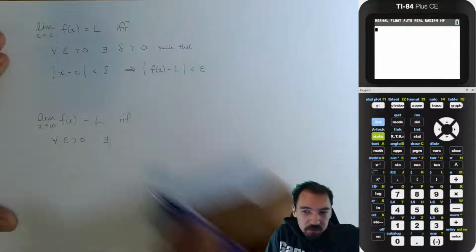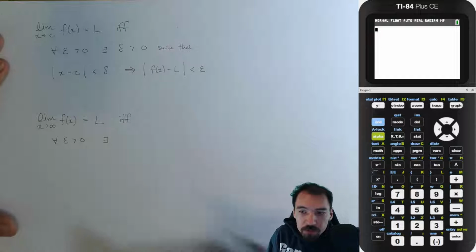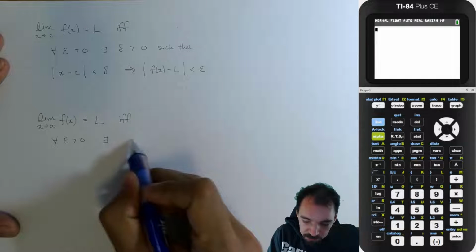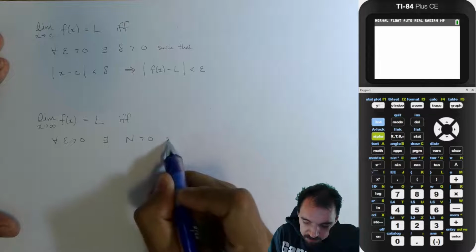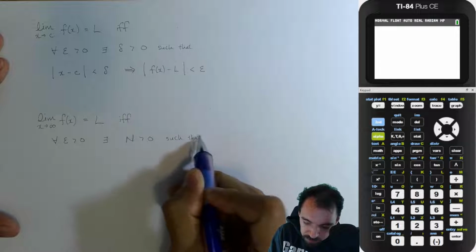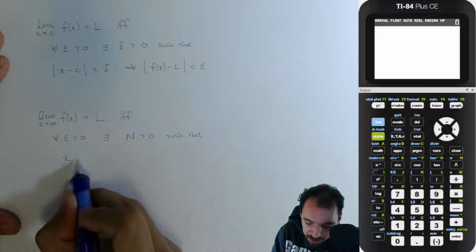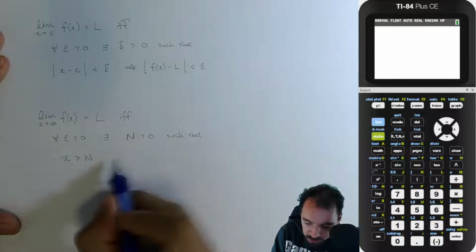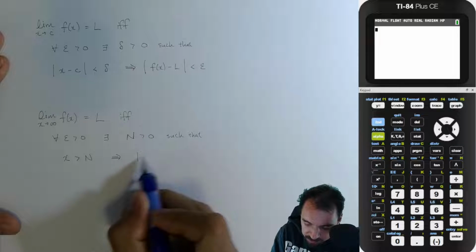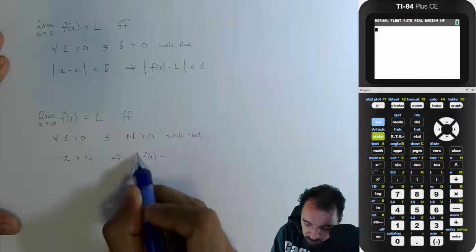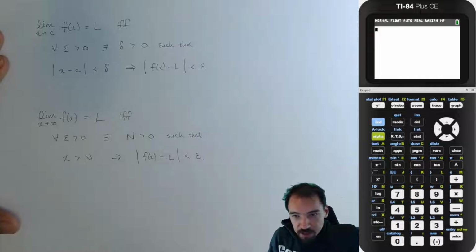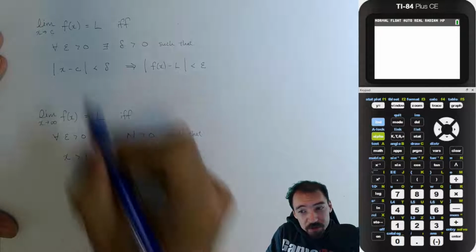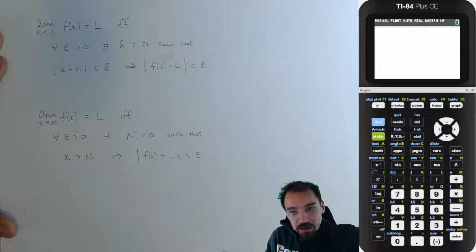And you could write the letter delta, totally fine, but we tend to change the letter. We write something like this, capital N greater than 0, such that as long as x is bigger than this number N, the difference between the y value outputs of f of x and the limit L is less than epsilon. So, similar structure, but technically different.